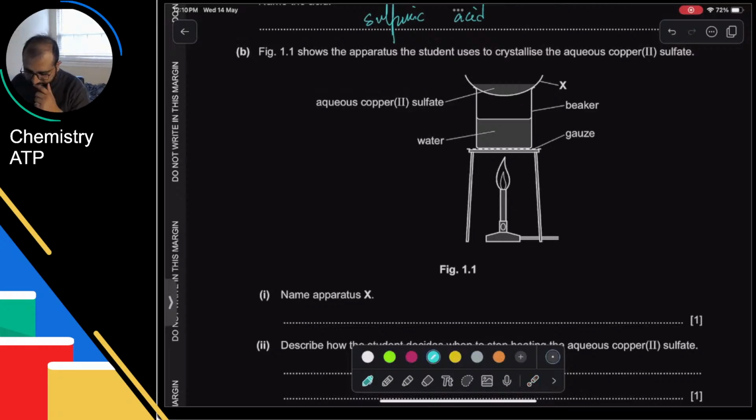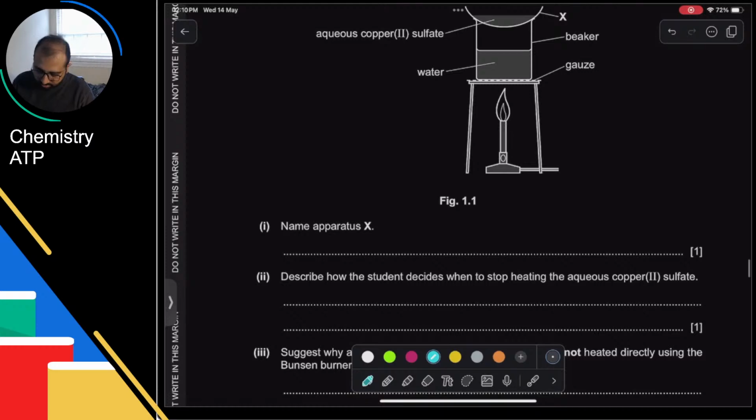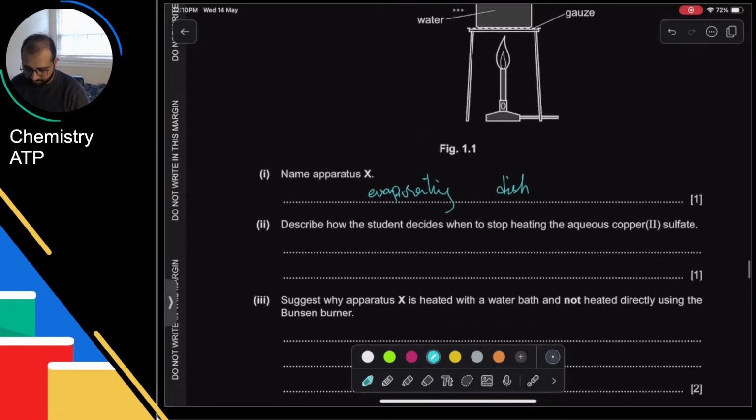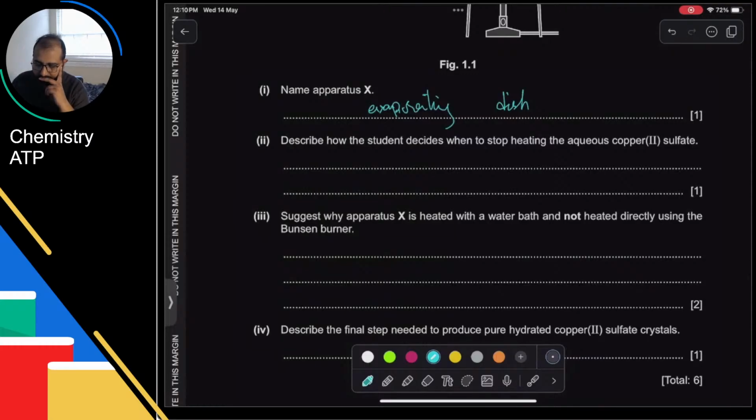Okay. So name apparatus X, that is going to be evaporating dish or evaporating basin. Okay, so that's what it is. Alright, moving on. Describe how the student decides when to stop heating the aqueous copper 2 sulfate. How do you know whether you're done? The result is pretty straightforward.